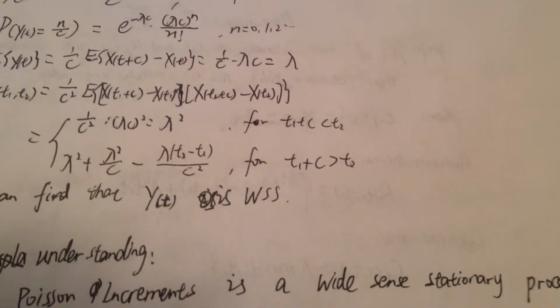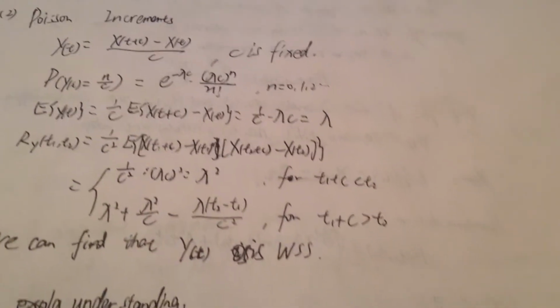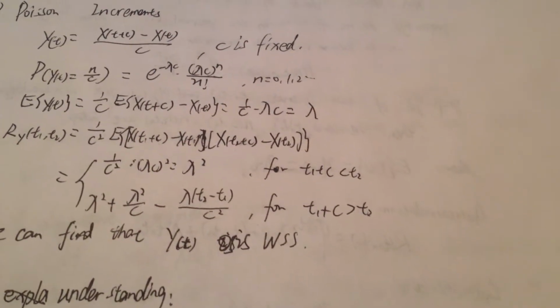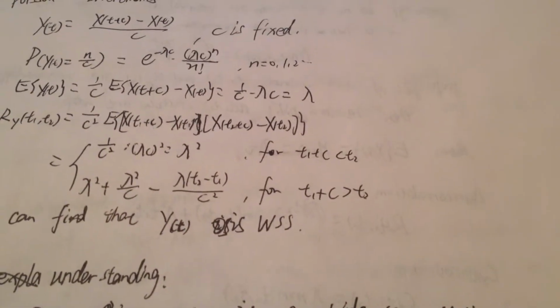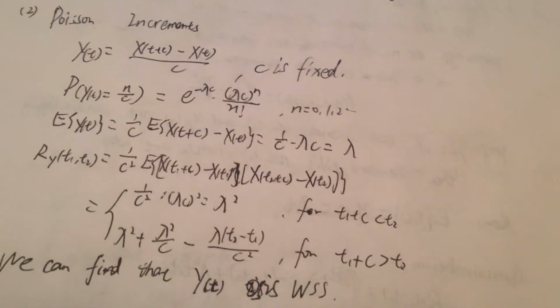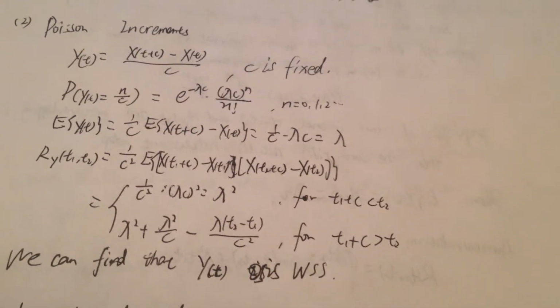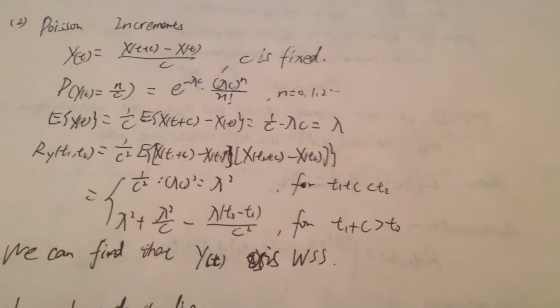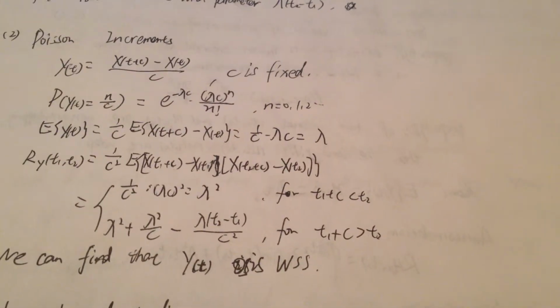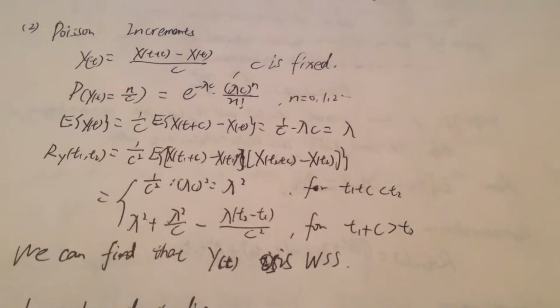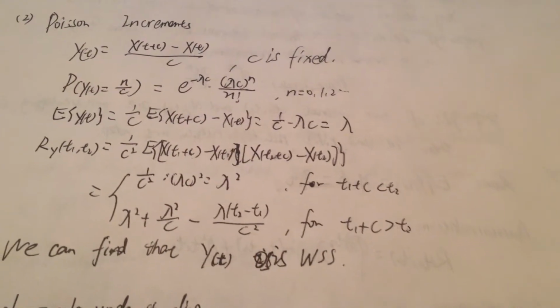And for t1 plus c greater than t2, the autocorrelation equals lambda squared plus lambda over c minus lambda times tau over c squared, where tau equals t2 minus t1. So the expected value of Y(t) is a constant, and the autocorrelation R_Y(t1, t2) is a function of tau, no matter whether t1 plus c is greater than or less than t2. So we can say that Y(t) is a wide-sense stationary process.